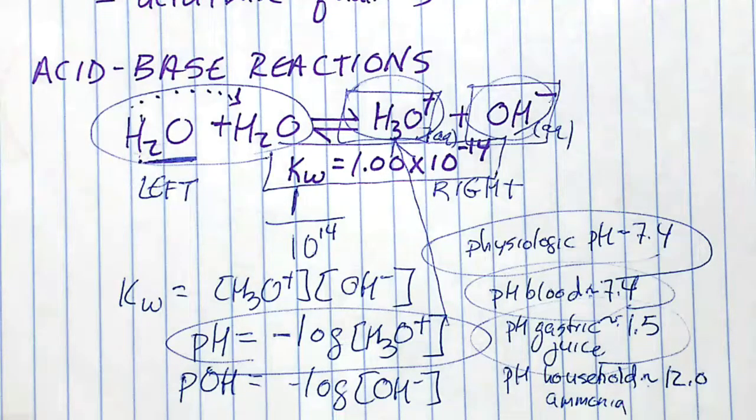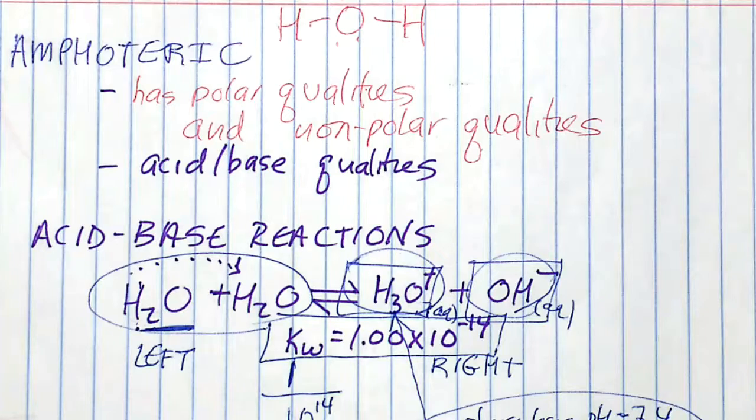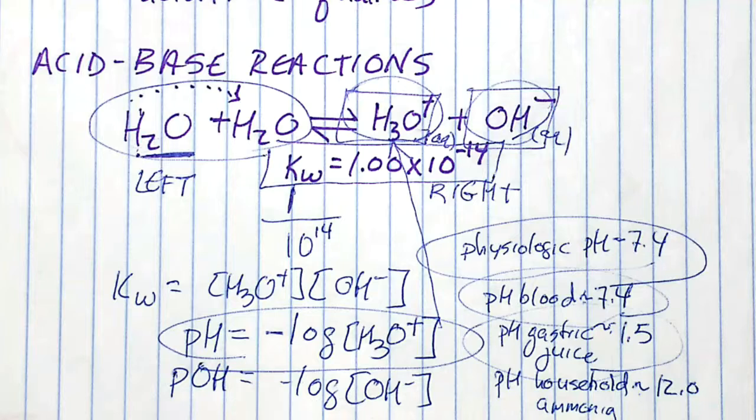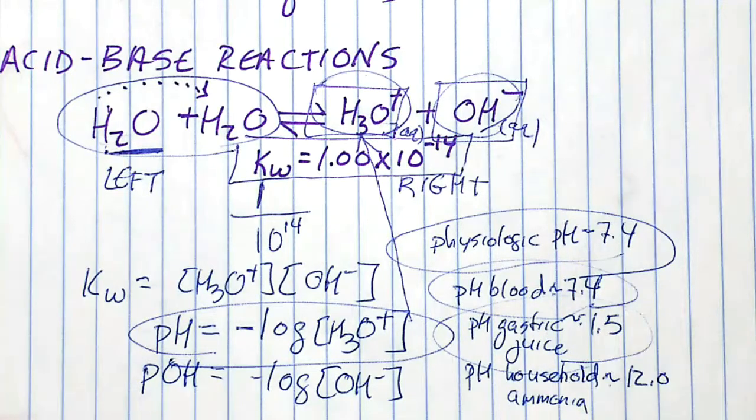Water hydrogen bonds with those functional groups, hydrogen bonds with itself, participates in reactions, and has this duality of acid-base and polar and nonpolar qualities. Water is the source for the calculation of pH, which is a measurement of the acidity of substances within water. Water is the universal solvent, and everything that life proceeds from requires water.